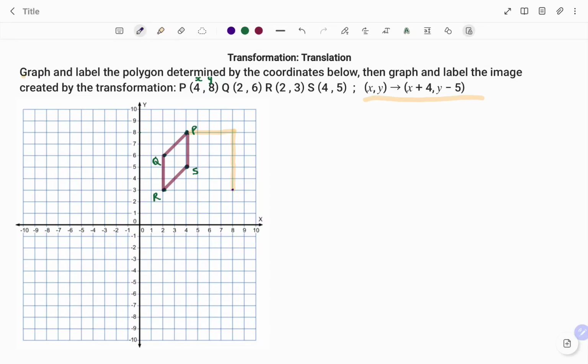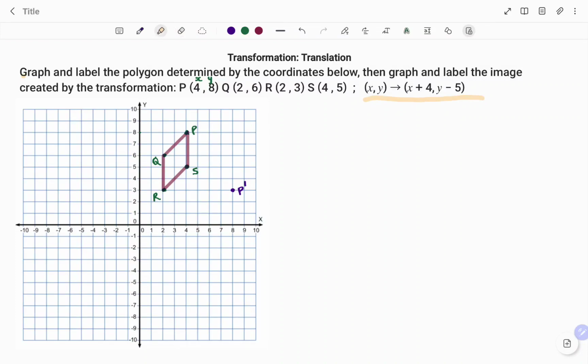And my new point for P, I will call that P prime. The next point will be point Q. I'm moving 4 units right, 5 units down. So starting from 0, I go 1, 2, 3, 4, and 5. And then for the x-axis, I'm going to do that again.